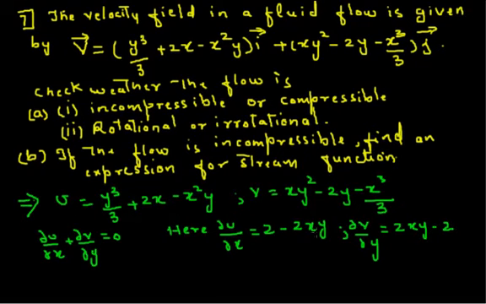So if we put these values in this equation, we get 2 minus 2xy plus 2xy minus 2, that is equal to 0.